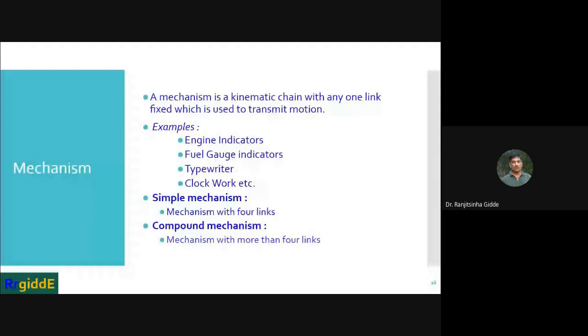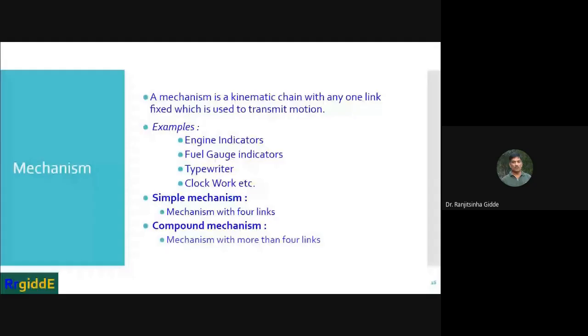So generally, in case of mechanism, one of the links of the kinematic chain is fixed. Now, if there is a kinematic chain and we fix one link, then it becomes a mechanism.